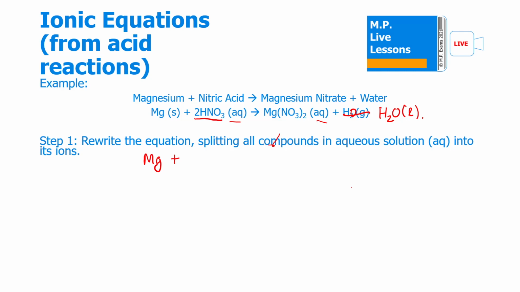But notice we have this little 2 here. That means there are 2 lots of HNO3. So there'll be 2 hydrogen atoms, which form 2 hydrogen ions, each with a 1 plus charge. So we write this as 2H plus, like this. Then we have 2 NO3 ions.